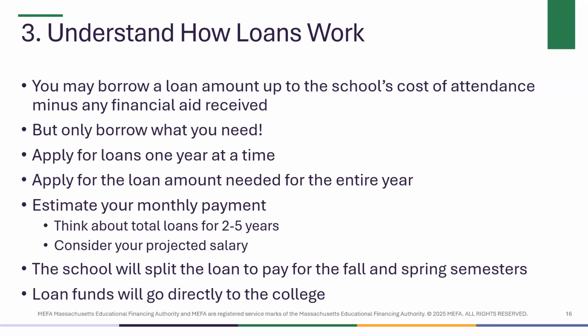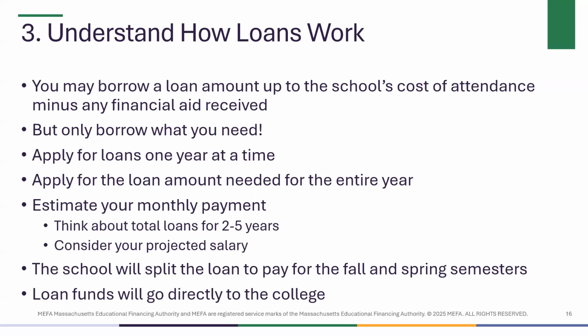You'll want to estimate your monthly payment, understand what the monthly payment will be for the first year, and then project out what you will need to borrow for years 2, 3, and 4, maybe a fifth year, so that you can afford multiple loans for the full course of the student's academic career versus just focusing on the first year. So $200 might be an okay monthly payment for the first year loan if it's $20,000, but could you afford $20,000 per year for 4 years for a total of $80,000 at approximately $800 a month?